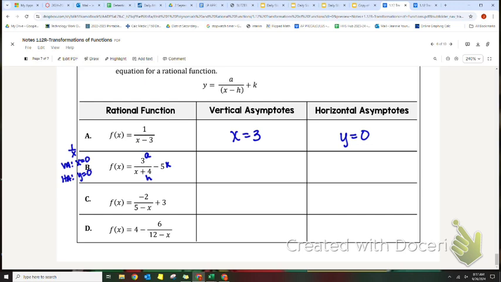So what it's going to come out to be is that your vertical asymptote is going to be at y equals, as long as it's, well, I hate to say it's your h, it's going to be the negative h, okay? But you got to be careful. That's as long as it's just x plus or minus a number.